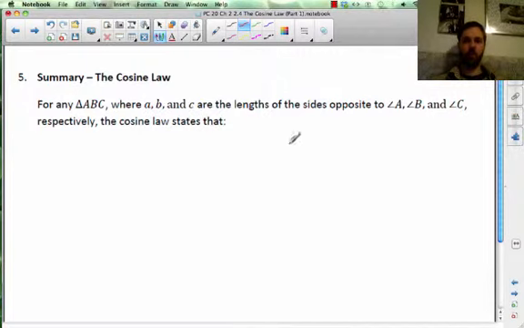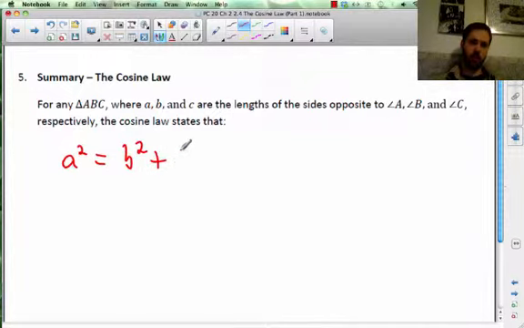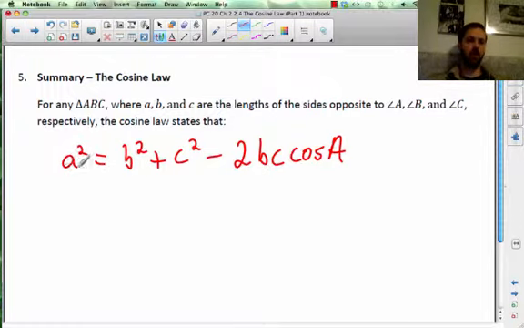ABC, and we know how to label those, so just make sure you're always putting little side a opposite angle A, and little side b opposite angle B, and so forth. The cosine law states that a squared equals b squared plus c squared minus 2bc cos A. So it's always whatever you have alone on this side, that's the angle you're taking, and everything else is the other two sides.